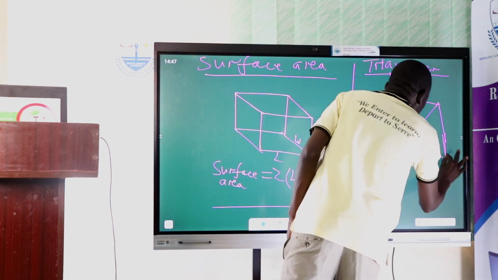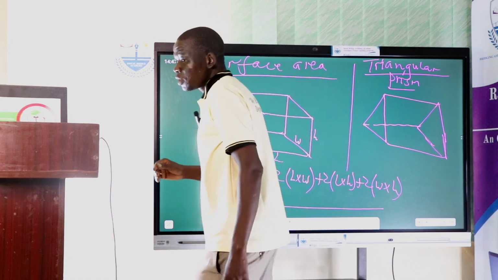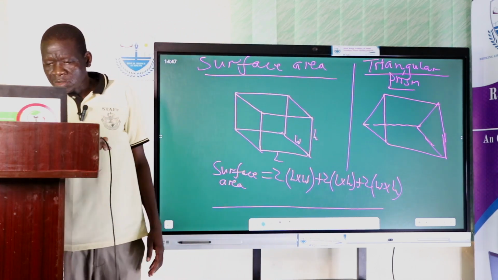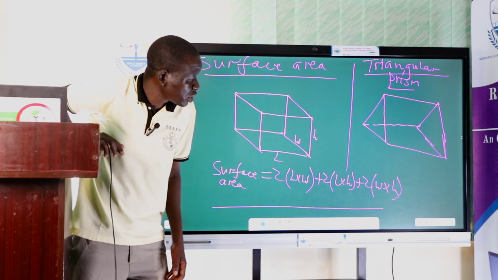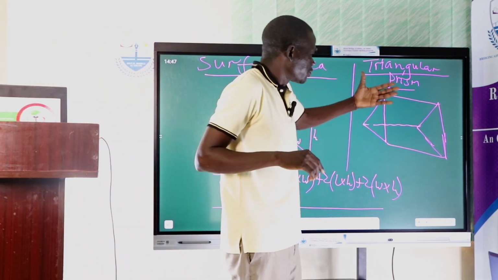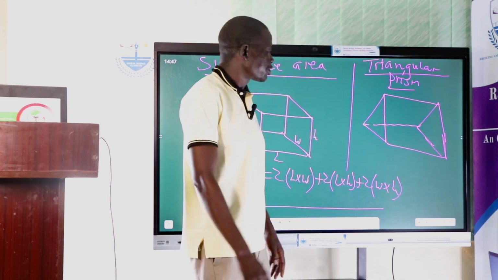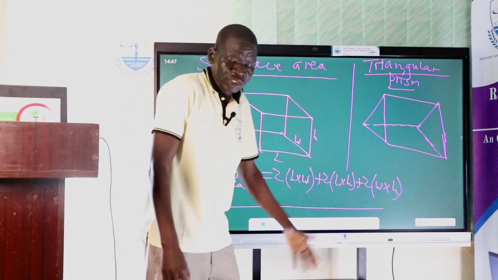And this one for that. So this is how the shape of the triangular prism looks like. So it has five faces. This one, the other one, this one, and the base. It has got five faces.